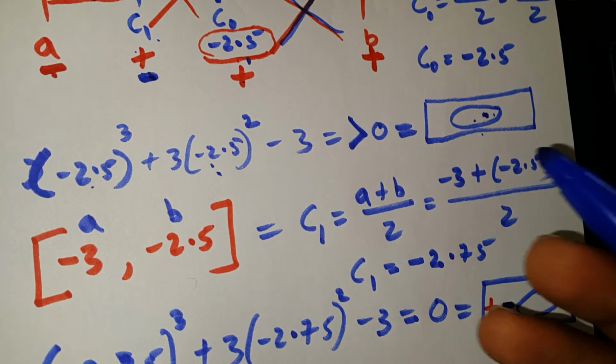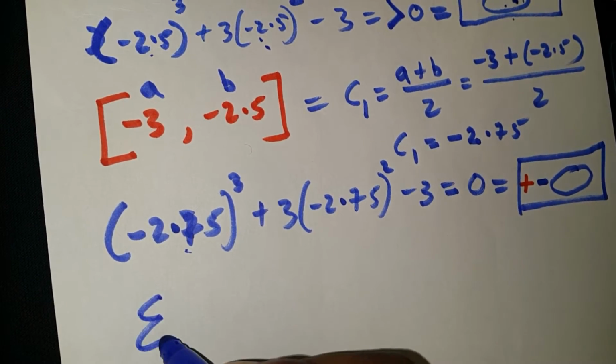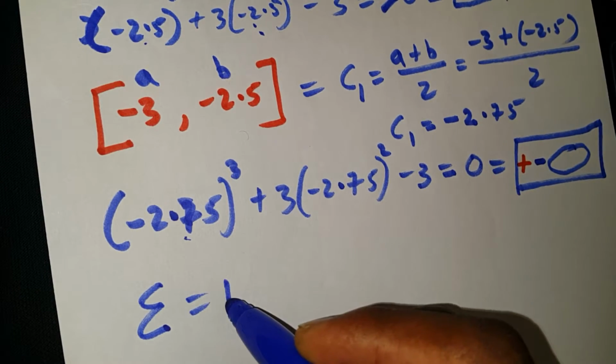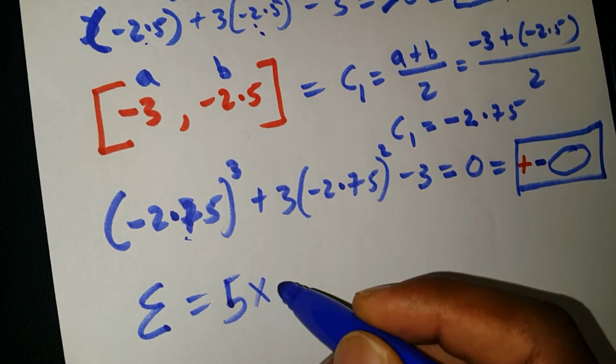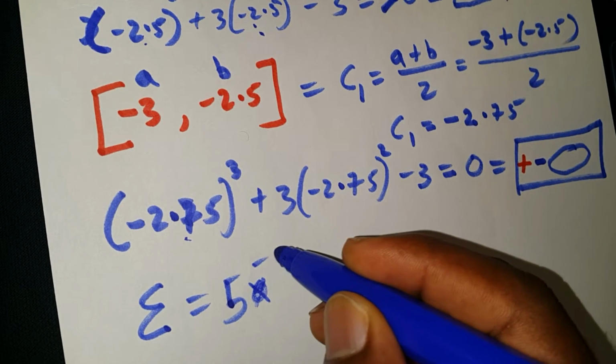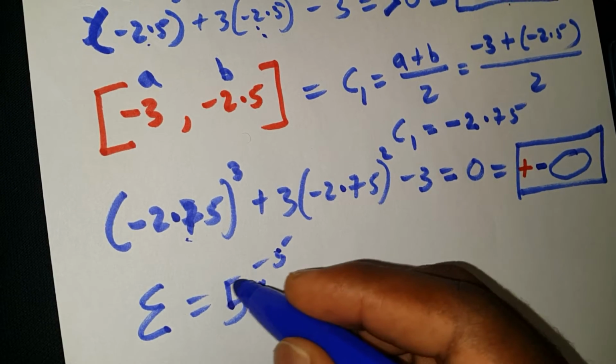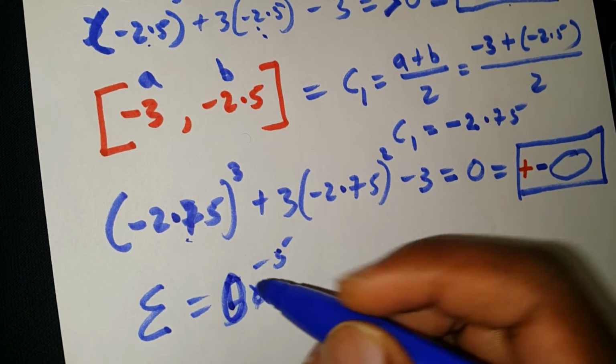You don't have to keep solving forever, because sometimes they will ask you to find the error, like maybe 5 times 10 to the minus 9, for instance.